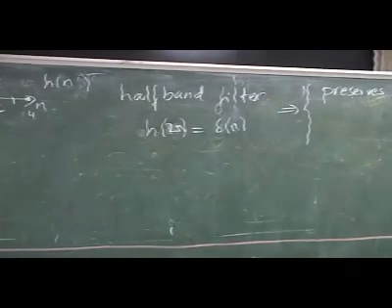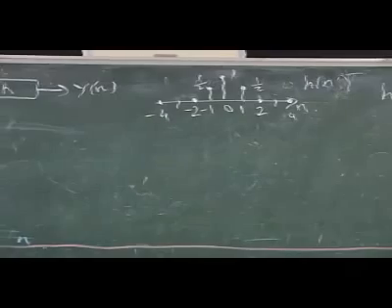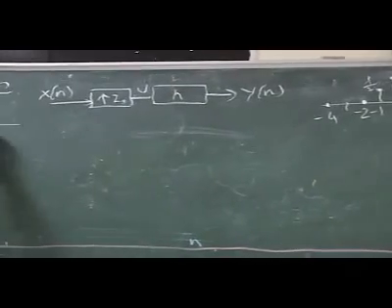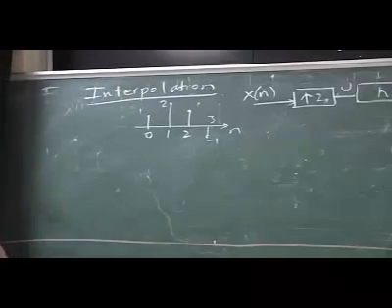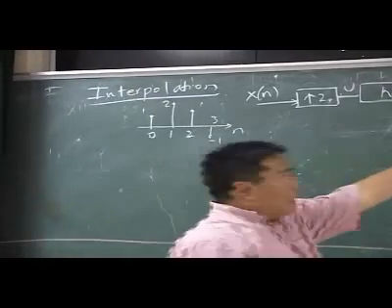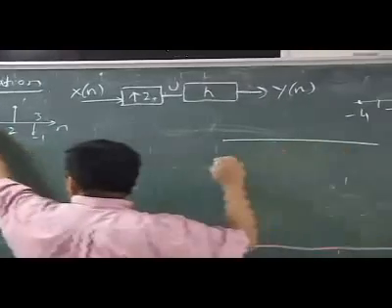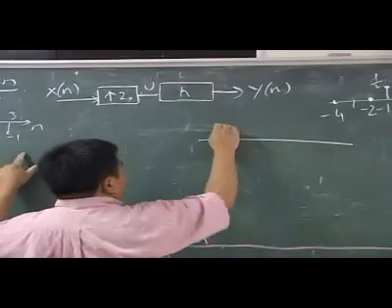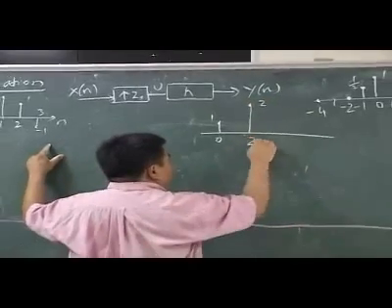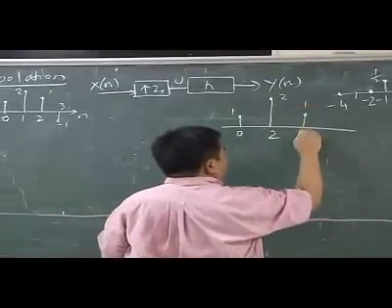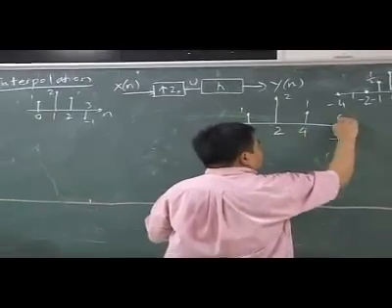The output of these filters will have exactly this value: 1, 2 at 2, 1 at 4, and minus 1 at 6.